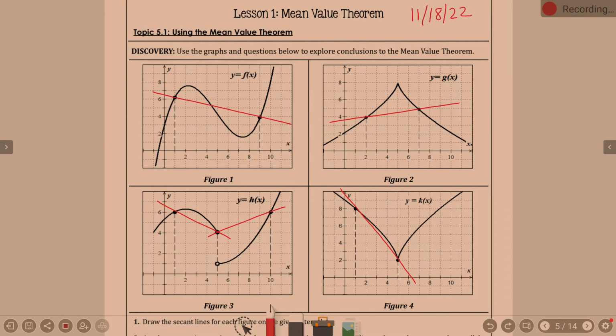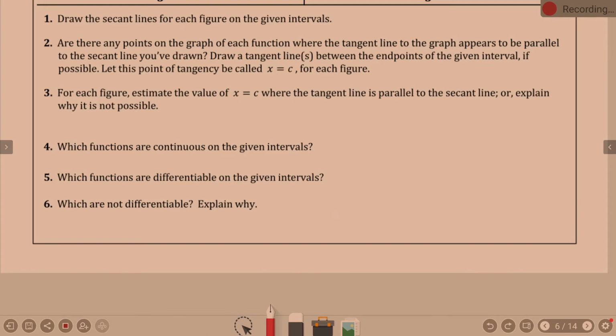Okay, so use the rulers, don't use the rulers. This is why I provided them. As I said, some of you don't care about the rulers, but I know a lot of you do. Okay, that was step 1, draw the secant lines.